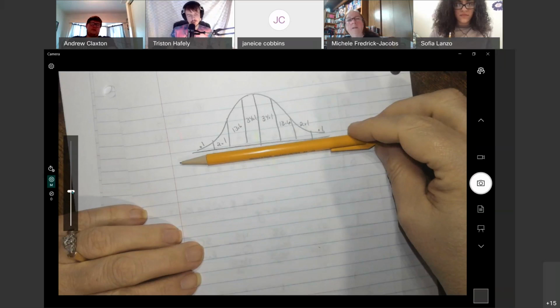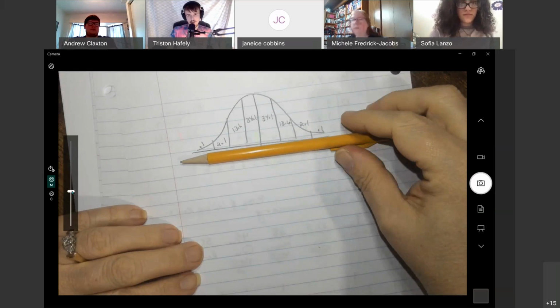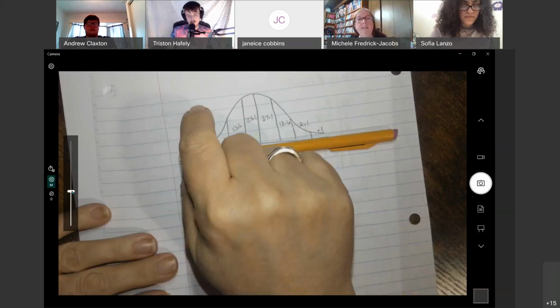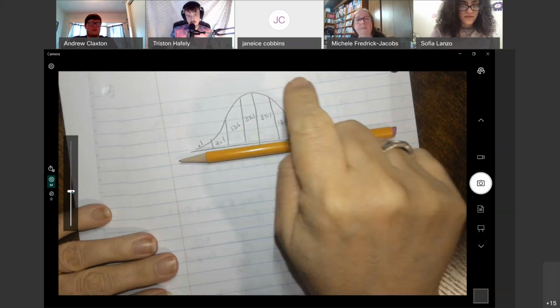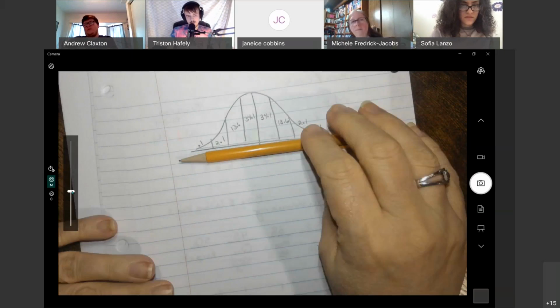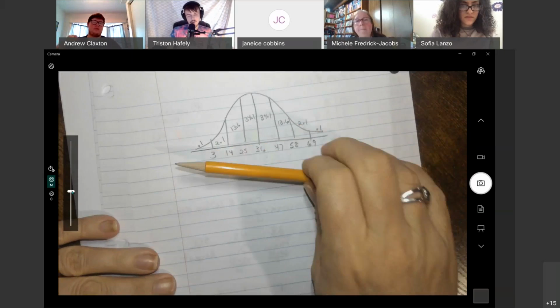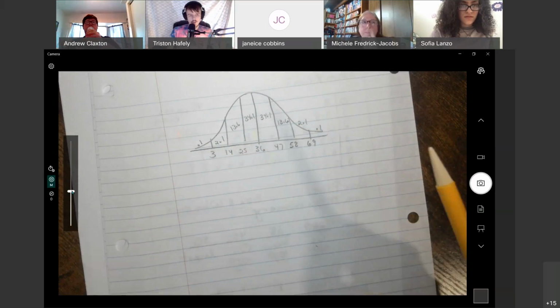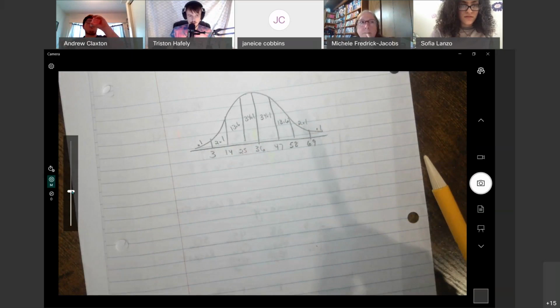The standard deviation will be different, but these percents are always the same. And then the mean and the standard deviation will either be given or you'll have to find. You won't have to find the standard deviation, but you'll have to find the mean. How do we know those will always be the same?